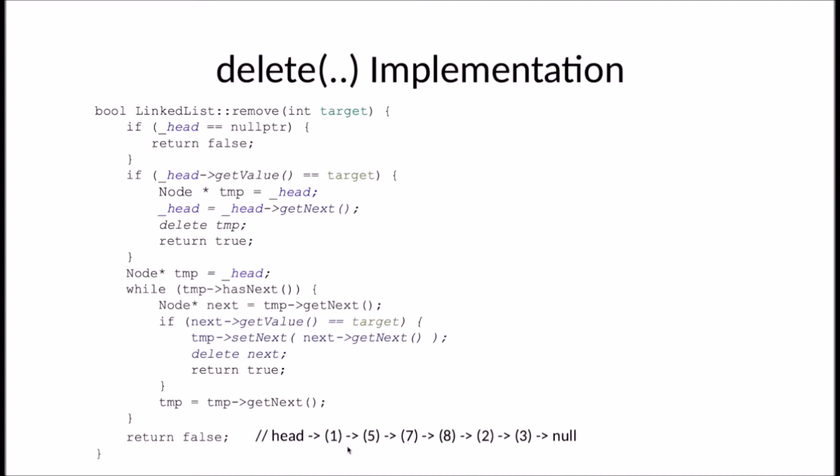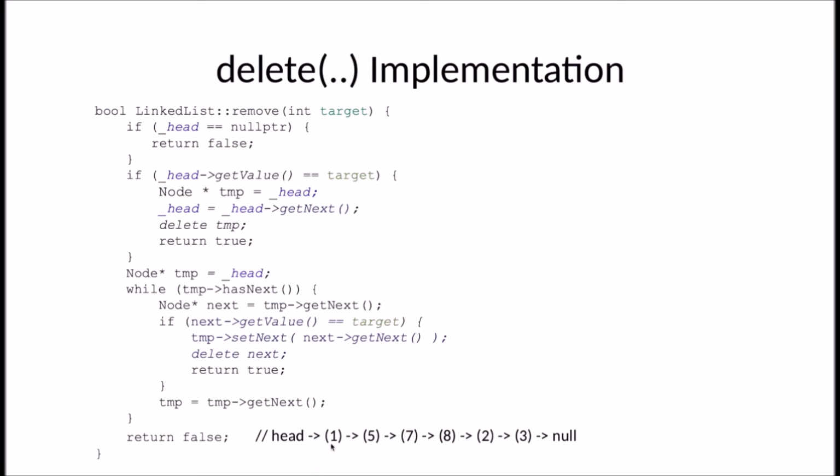So temp.setNext updates the pointer that goes from 1 to 5 currently. So I want to update where this points to, and I want to update this to next.getNext. Next is pointing to 5. next.getNext is 7. So getNext gives me the address of 7, and I update the outgoing pointer from 1 so that 1 points to 7.